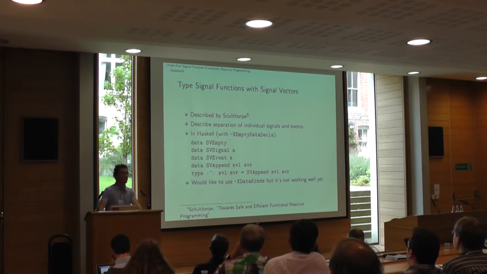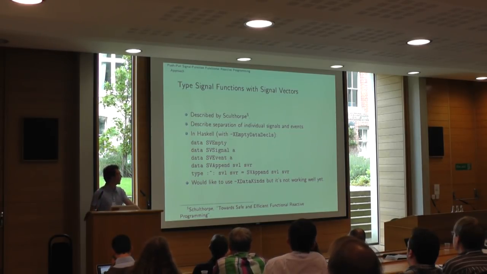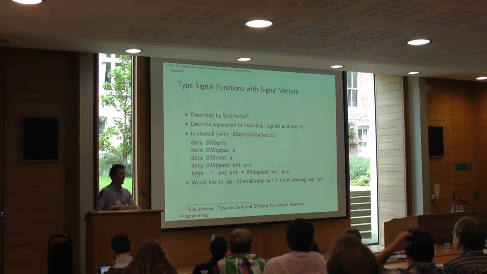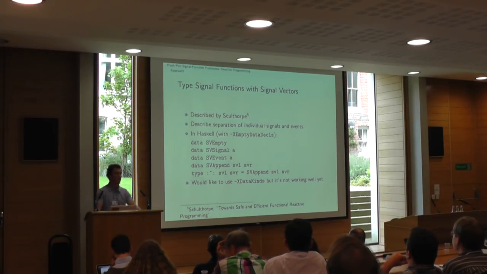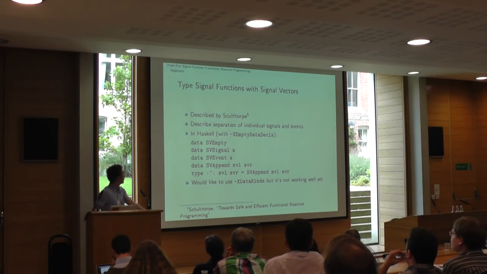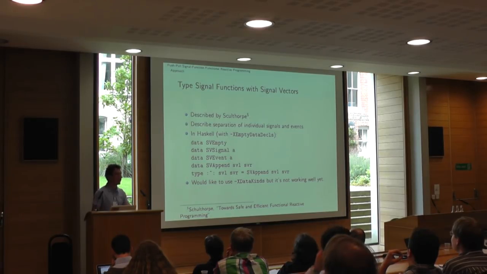So another approach to doing this is to use something called signal vectors, which were described by Neil Sculthorpe in his recent PhD thesis. And these describe, in the type system, separate input and output events. And so we have this definition in Haskell. We have the empty data declarations.